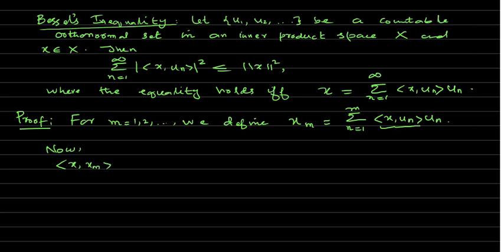This is equal to the inner product of x with xm, and xm is the sum, n runs from 1 to m, of the inner product x, un, then un here.